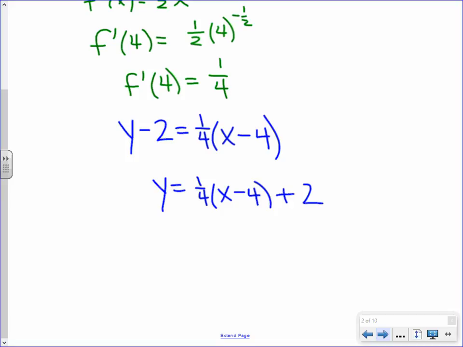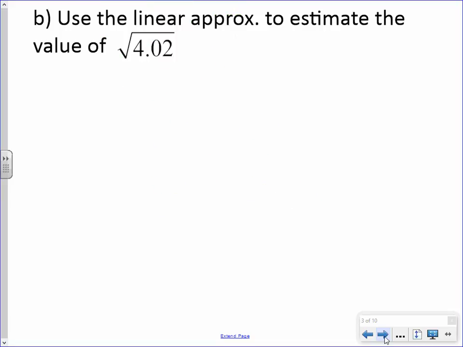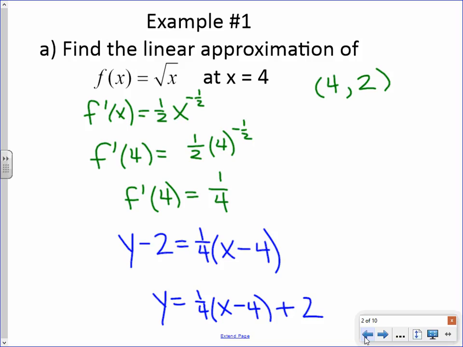All right, so what are we going to do with this? I want us to estimate the value of the square root of 4.02. Now I know that we can punch this in our calculator, but let's say we don't have a calculator. That's the point of this. The square root of 4.02 is not something that we want to just do without a calculator. But what we can do is use this tangent line equation to approximate the y value of the square root of 4.02.